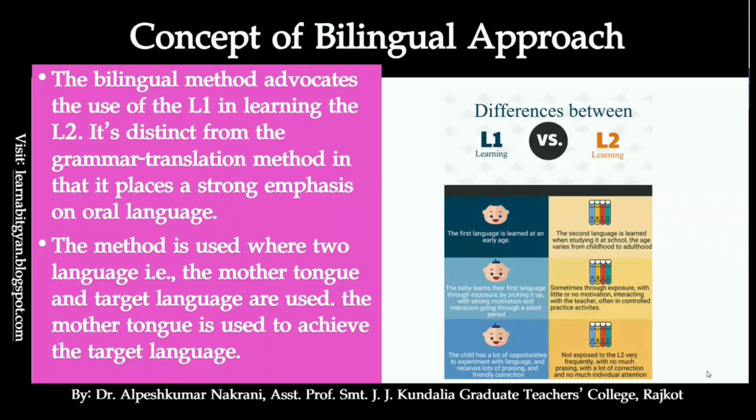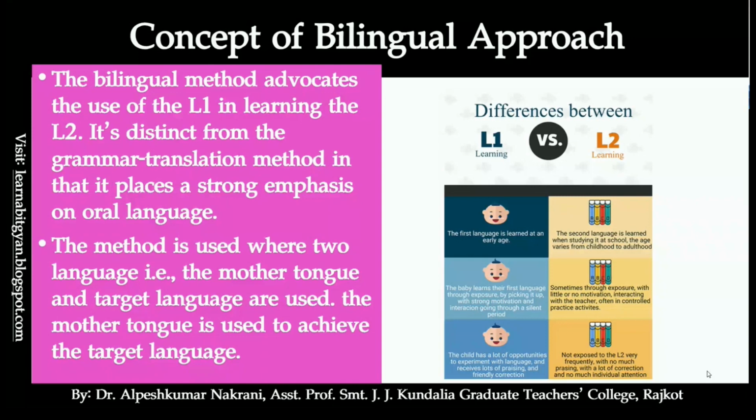It is different from grammar translation method because this method gives strong emphasis on oral language, speaking. But in grammar translation method, reading and writing is given more importance than speaking. But bilingual approach focuses on oral use of the language.